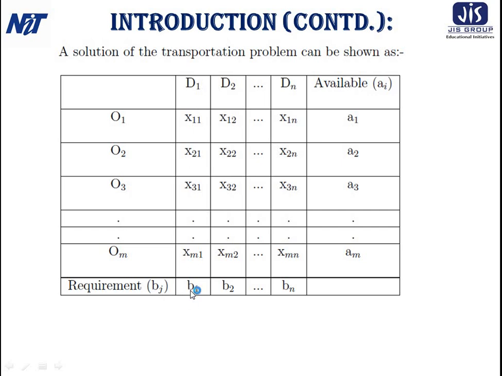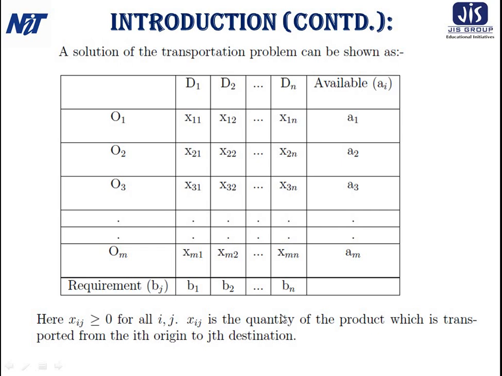Similarly the requirement unit of the destination D1 is B1. So obviously if we add all the unit which is supplied to the destination D1 it will be equal to B1, that is x11 plus x21 plus x31 plus dot dot dot plus xm1 will be equal to B1. Similarly x1n plus x2n plus x3n plus dot dot dot plus xmn will be equal to Bn.